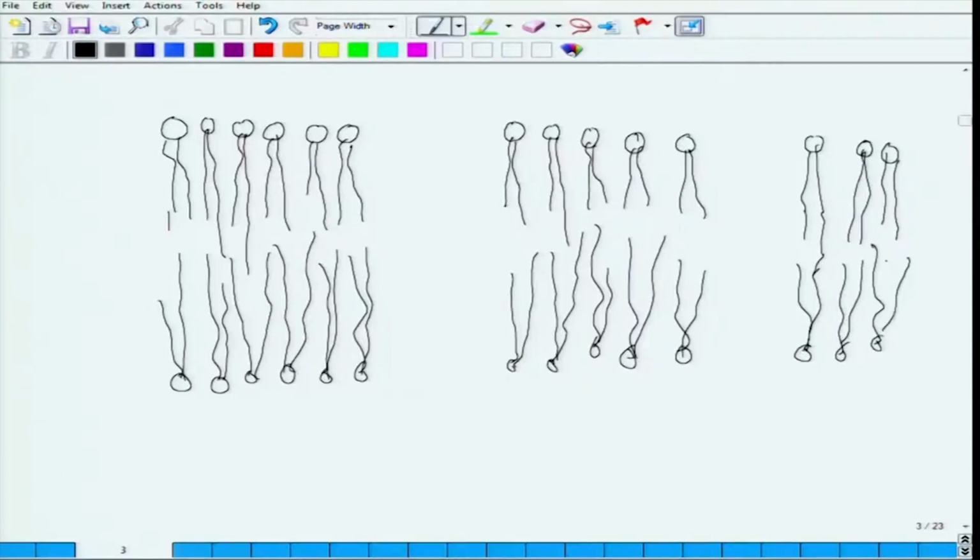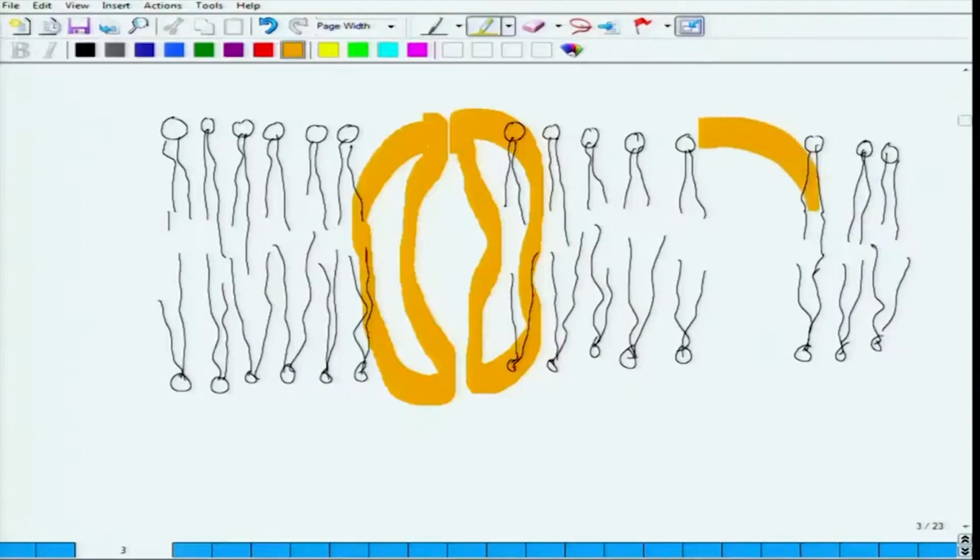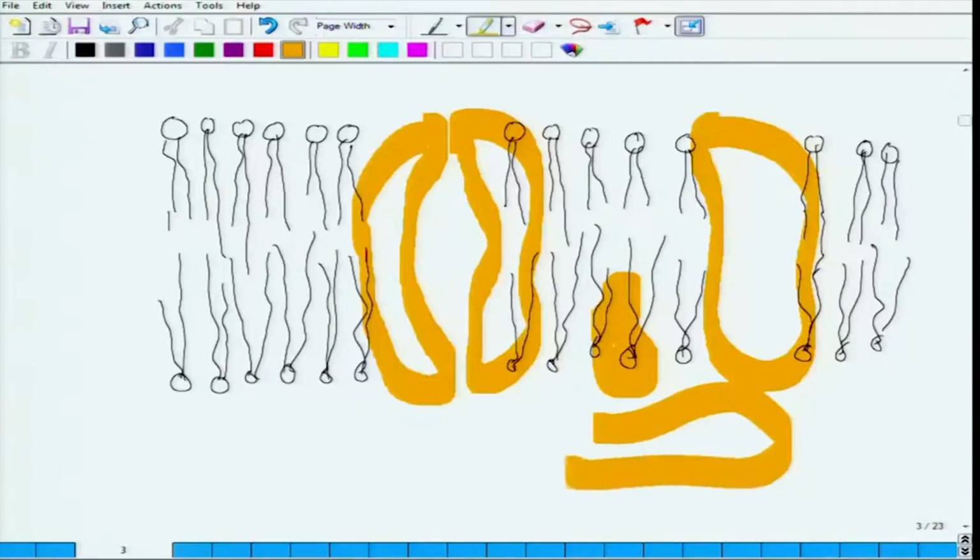Here you will see there are proteins, in the yellow color, like this, and there are proteins which are sitting single handedly like this. There are proteins which are sitting out here, yet there are proteins which are sitting like this.